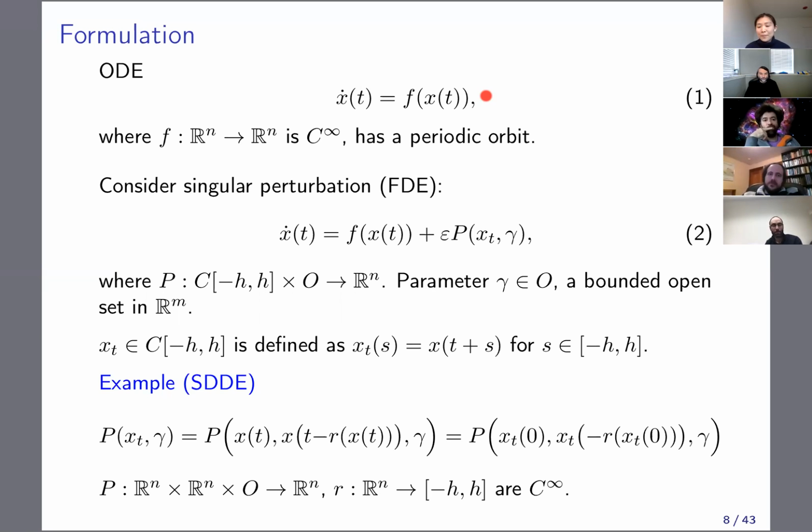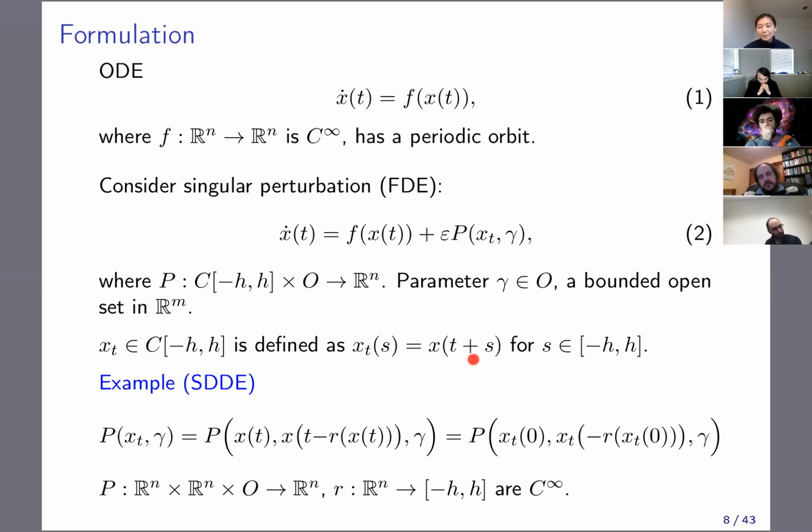And then we will consider a perturbation of the above ODE, and the perturbation term depends on this x sub t, which is a segment of the trajectory. This x sub t is standard in the study of delay differential equations. It is defined by this formula: x sub t of s equals x of t plus s.